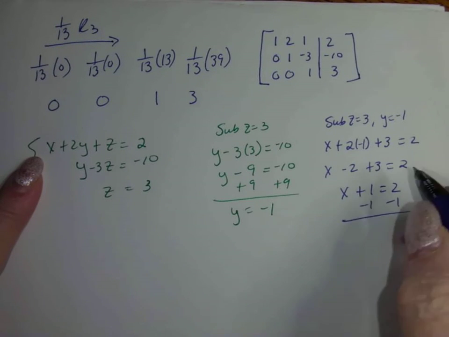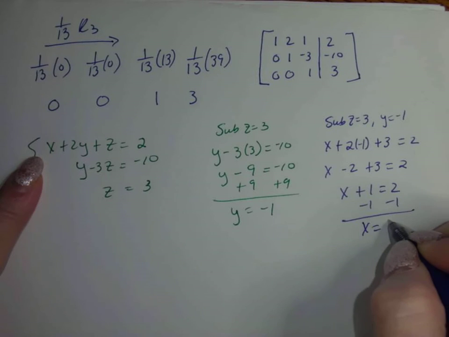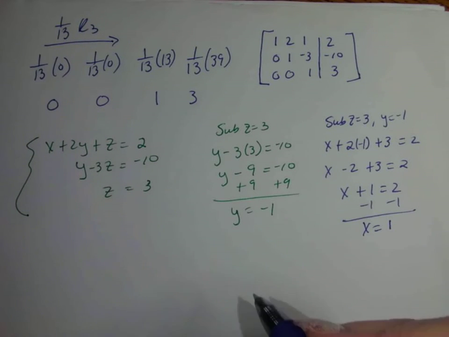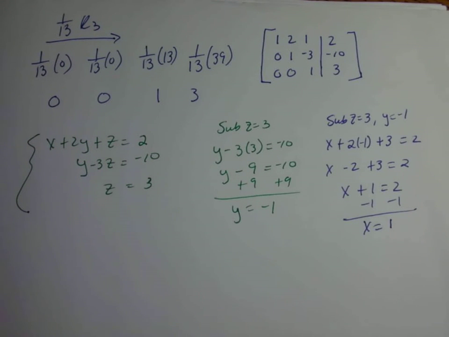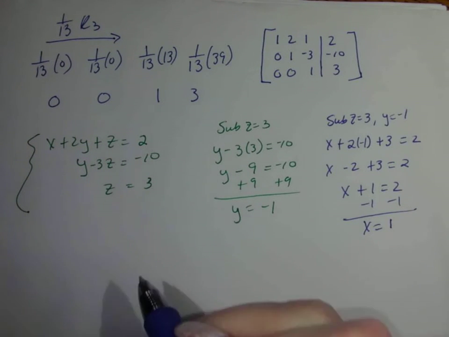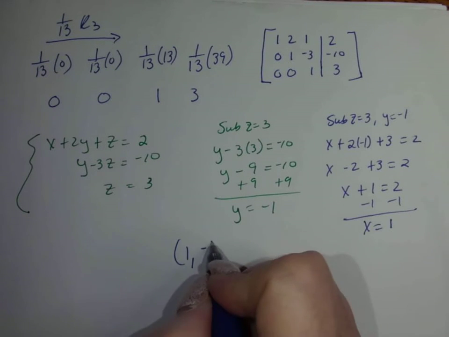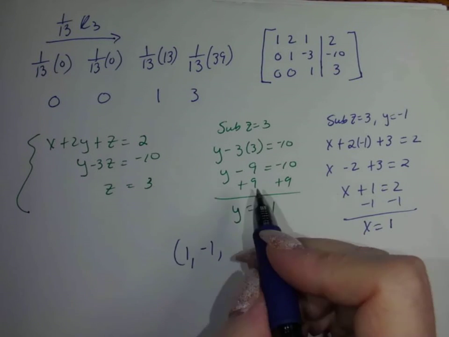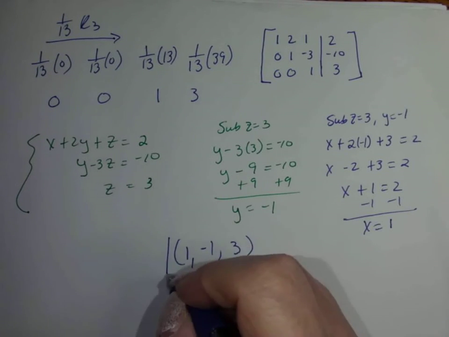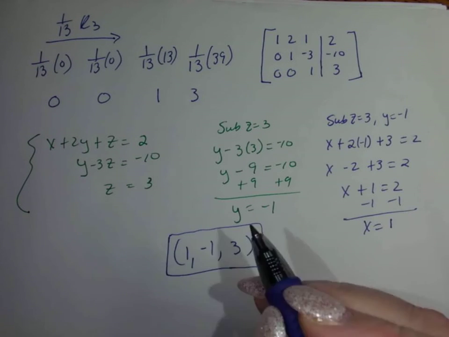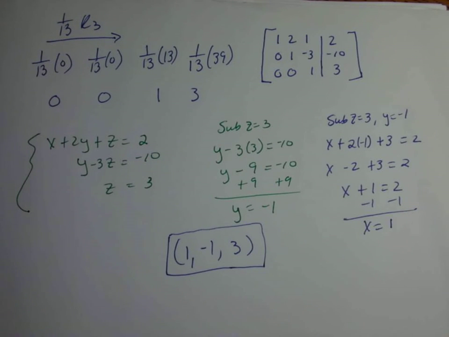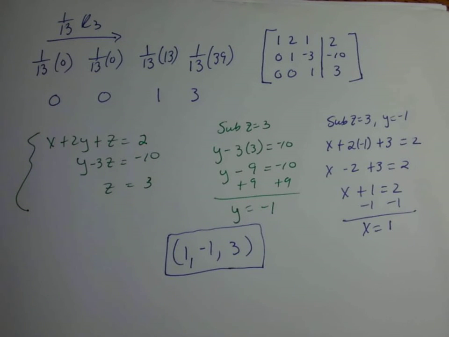Subtract the 1, and we get x equal to 1. So this time, instead of an ordered pair, we have an ordered triple. We have x is equal to 1, y equals negative 1, and z is equal to 3. And again, you can check it back into your original system to make sure that it works. So that is a 3 by 3.